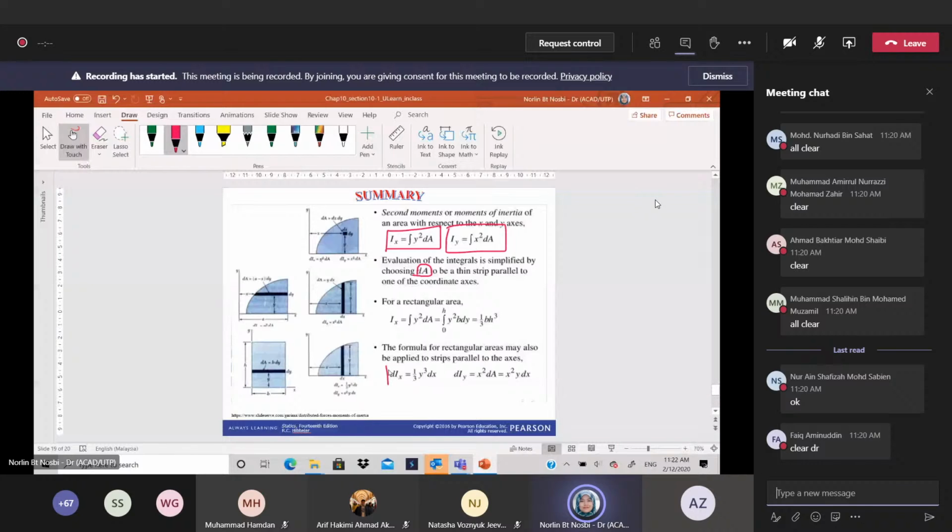On the first step, first solution, and then the second solution. Don't forget, Ix is different, but the Iy is the same. Now let us go through the next subtopic.